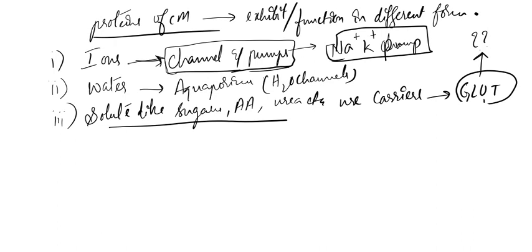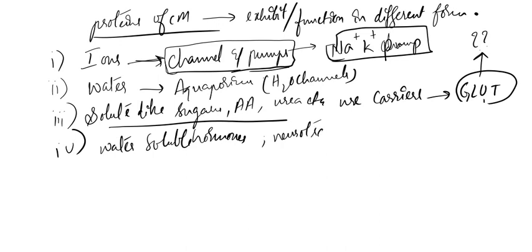Now, not only this, if you want to transport some of the water soluble hormones. Sir, water soluble hormones also? Yes, of course. And also if you want neurotransmitter transportation, how will they go? They will obviously use cell receptors. But what are these receptors?